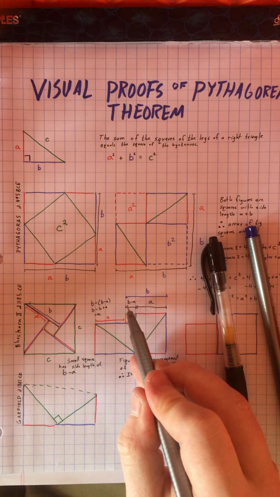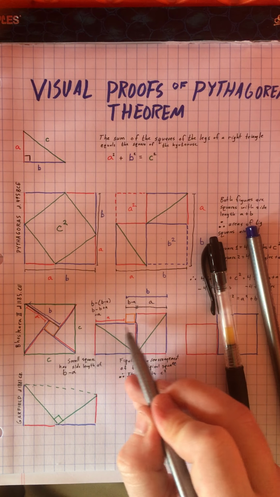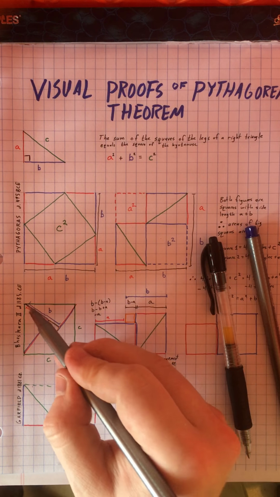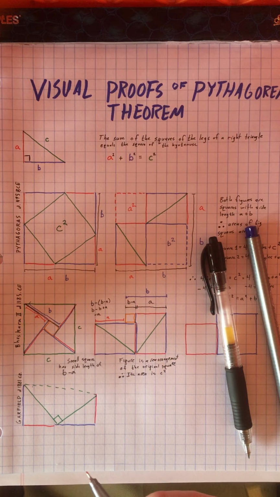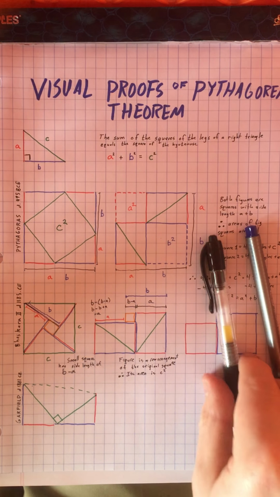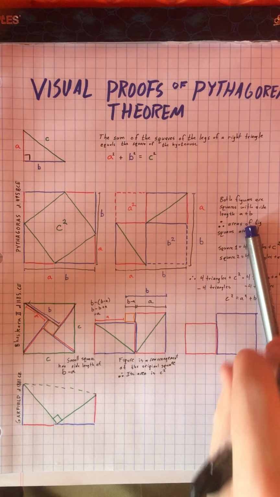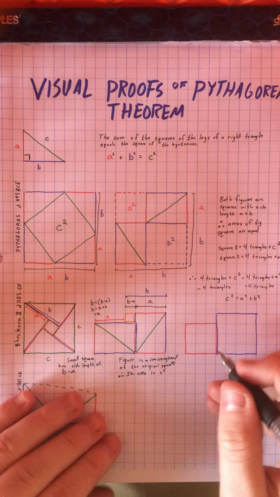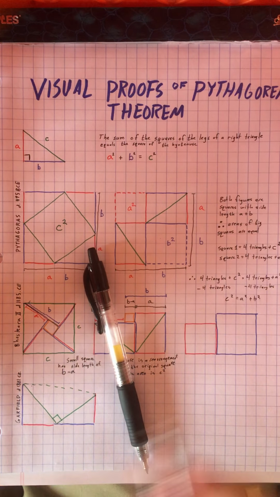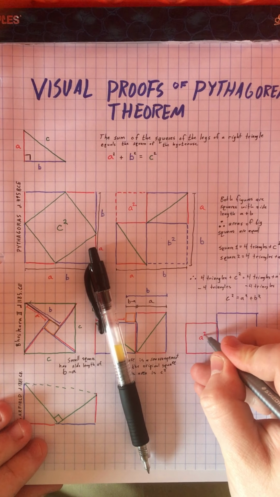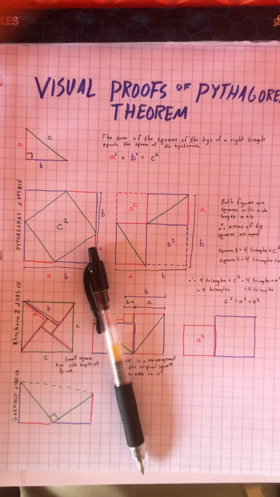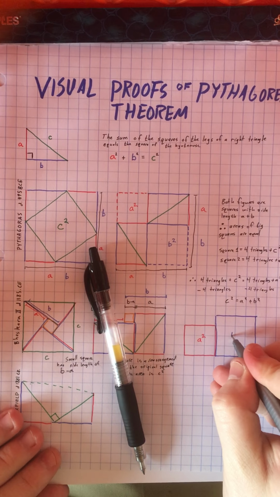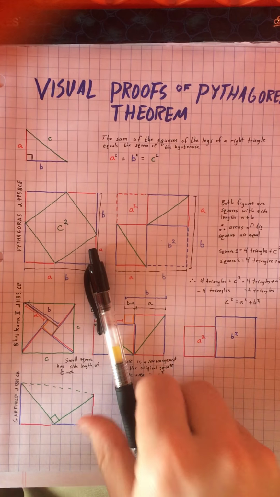This length plus b minus a should get me all the way back to b. It's the exact same configuration we had here. That means that this whole figure is equivalent to this one, where we have a square that is a by a, and a square that is b by b.